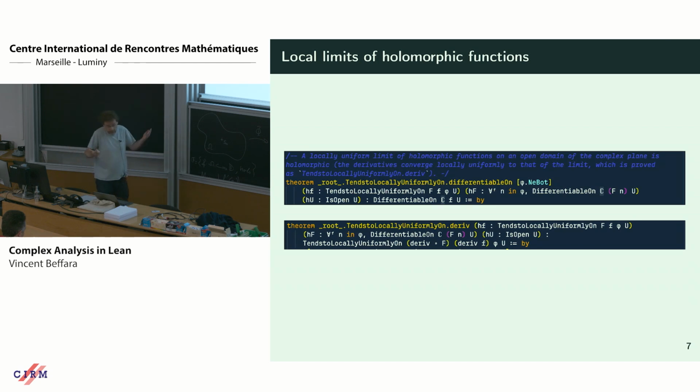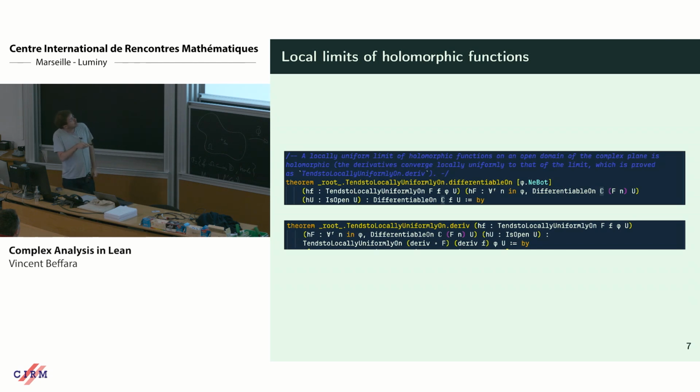Okay, this works, and here you need to be a little bit careful, because if you want to show that the derivative converges, you start to need something like Cauchy's formula to write the derivative as a function in terms of the function. So you need some kind of contour integral. And contour integrals, as I said, it's not really satisfactory the way we have them.